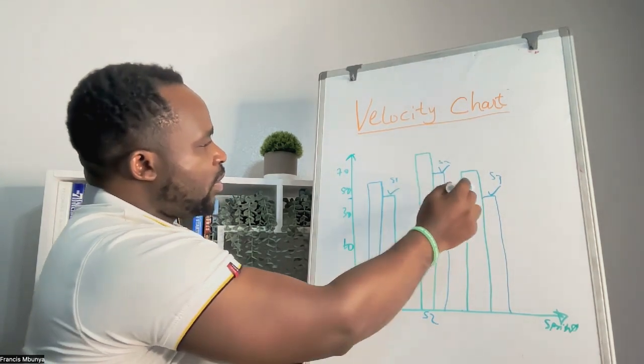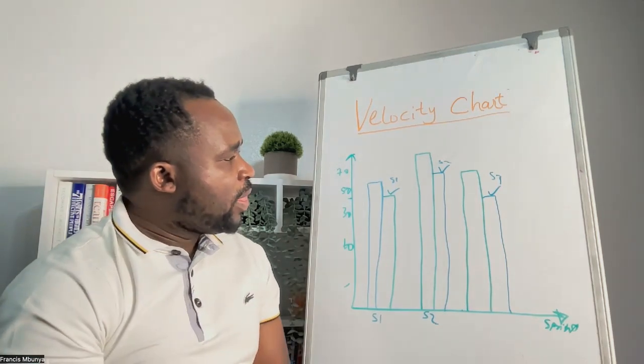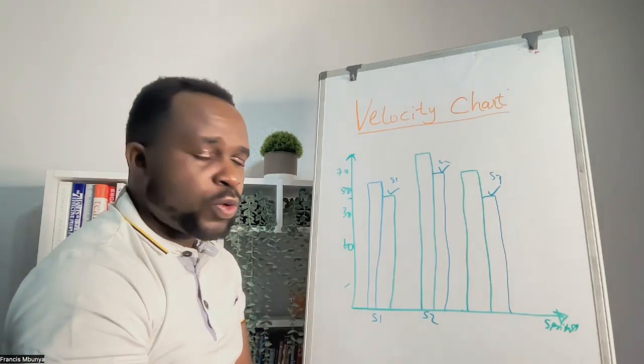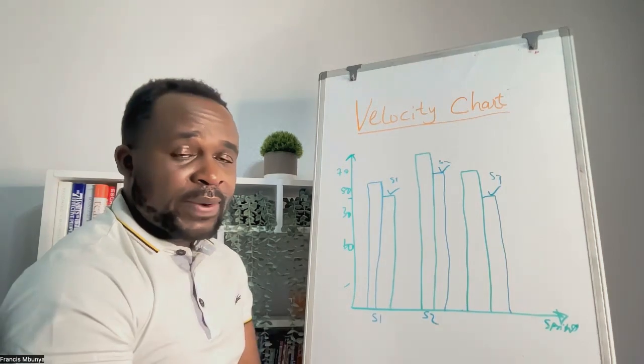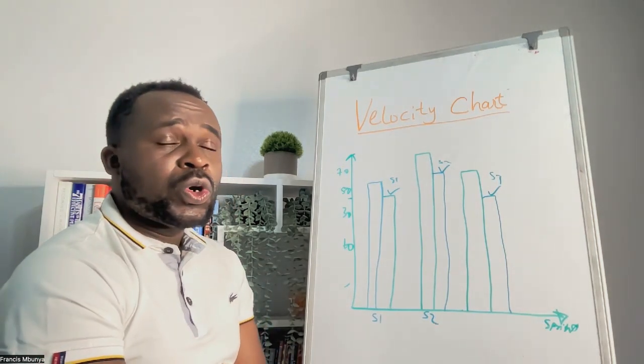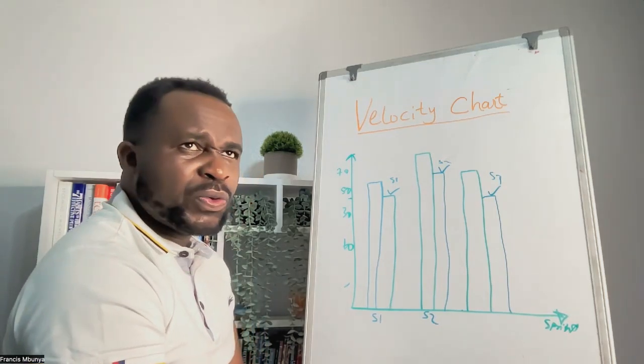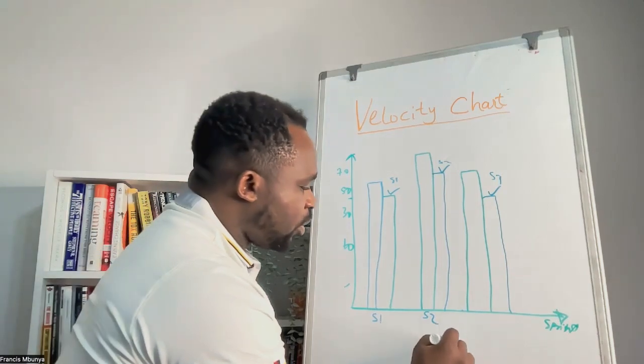So 45 plus 50, that's 95, plus 30, that is about 125 divided by 3. 125 divided by 3 is going to give you somewhere around 42, right? Okay, 42.